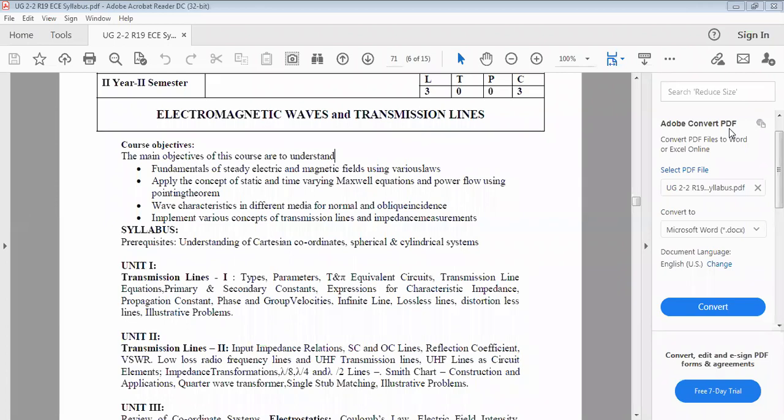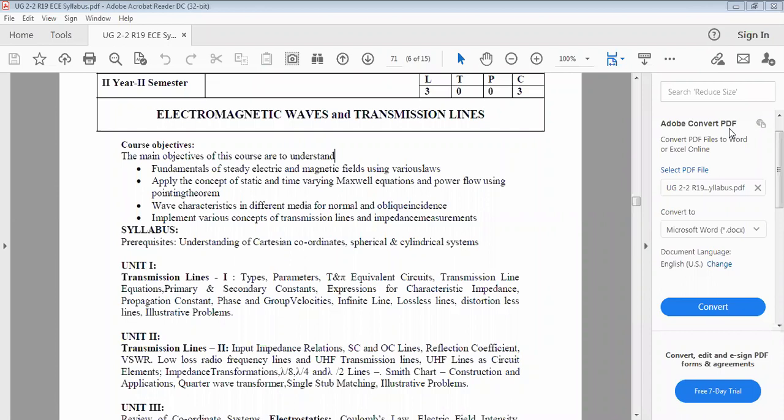The wire itself offers some parameters like resistance, capacitance, inductance, and conductance. That's why the parameters of a transmission line are classified into two types. How many types? Two types.